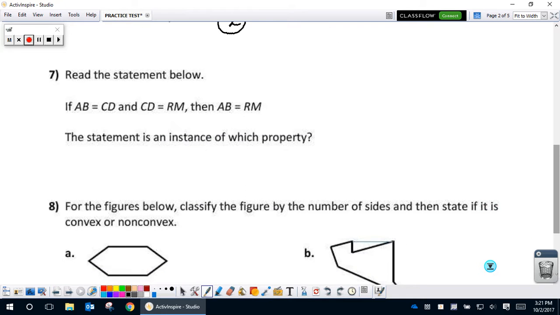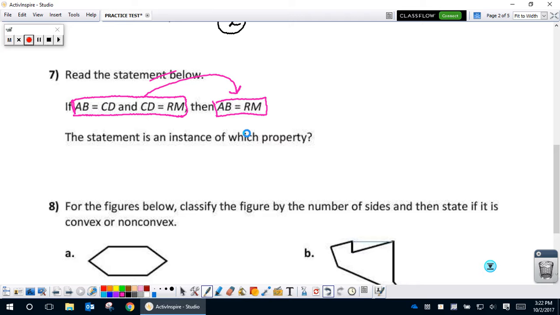Number 7, read the statement below. If AB equals CD and CD equals RM, then AB equals RM. So you want to think about what you start with. So here's our starting point, and then what happens at the then part. So it looks like something's repeated, the CD is repeated, and then it's taken out.